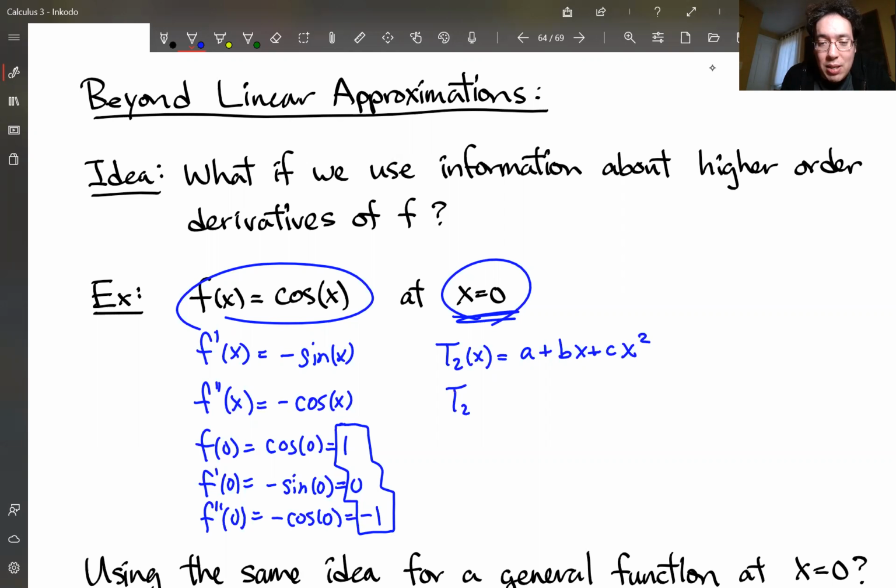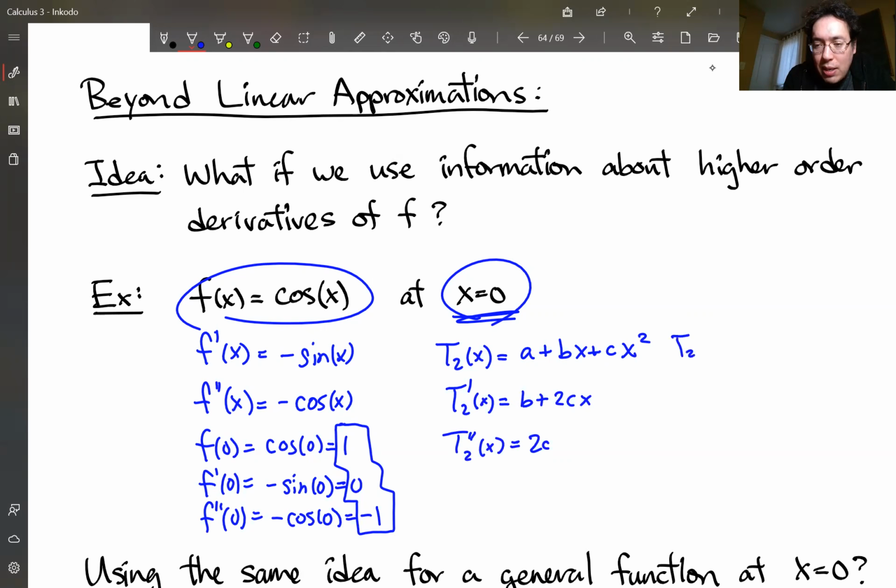So T2 prime is going to be, so derivative of a is 0, derivative of bx is just b, and derivative of cx squared is going to be 2cx. And the second derivative is just going to be 2c.